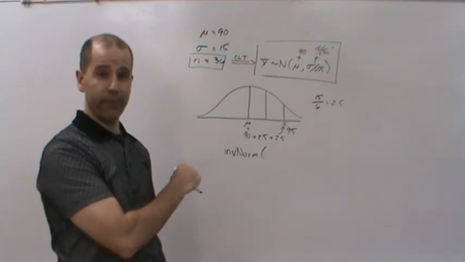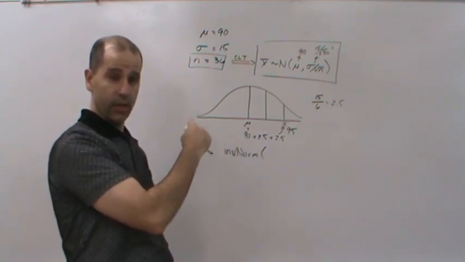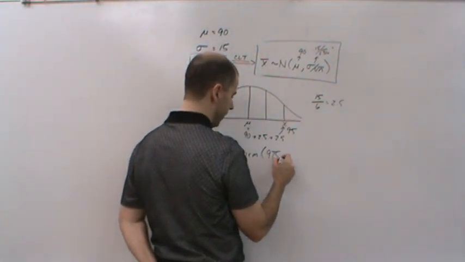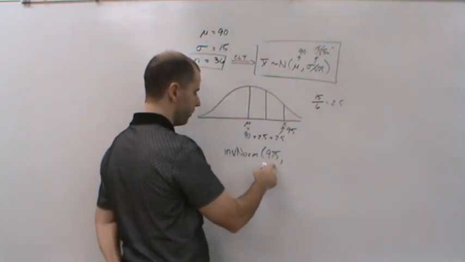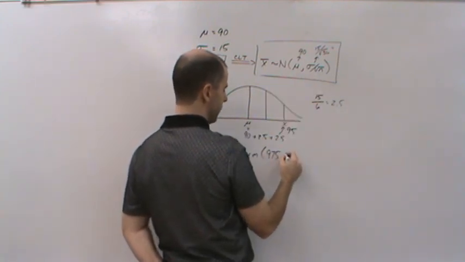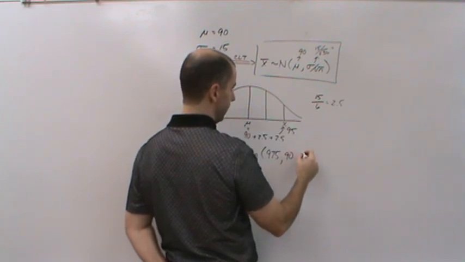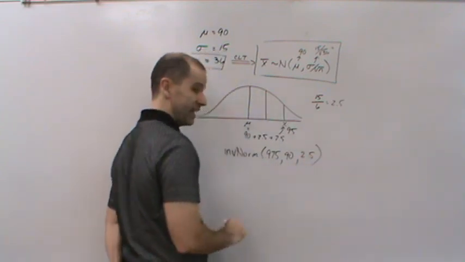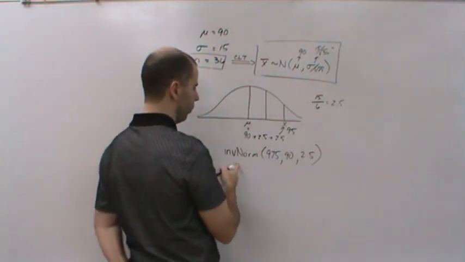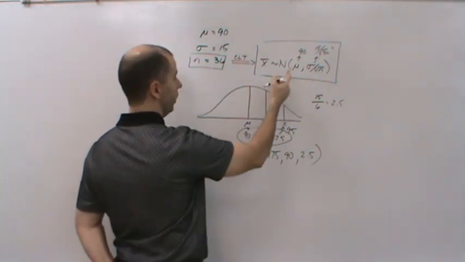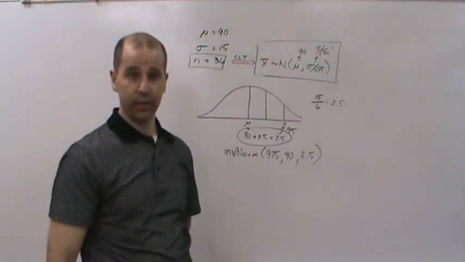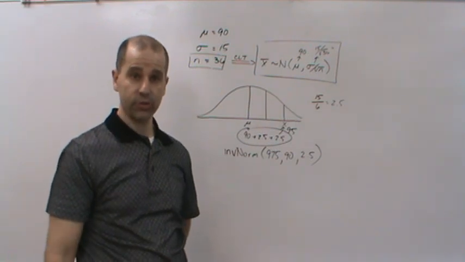So that means 2.5% is in the upper tail. So what do we have to put in? It's going to be 0.975. And then what do we need to put in? Well, the mean and the standard deviation. So the mean here is 90, and the standard deviation is 2.5. And we'll get the same answer. Okay? So again, we could use inverse norm, but this one's the easier route because since we have the mean and standard deviation, it's easy just to add 2 standard deviations and get our answer. So the answer is 95.